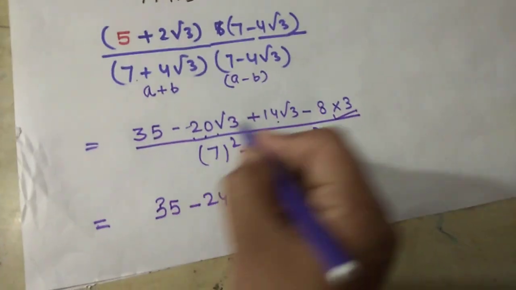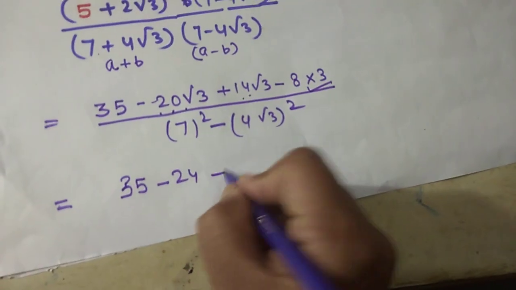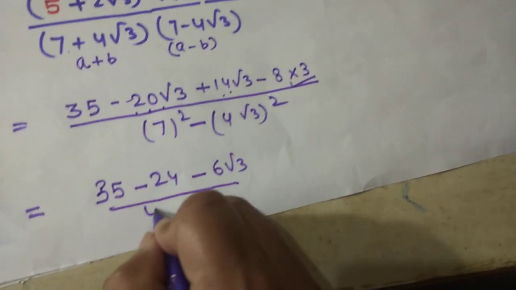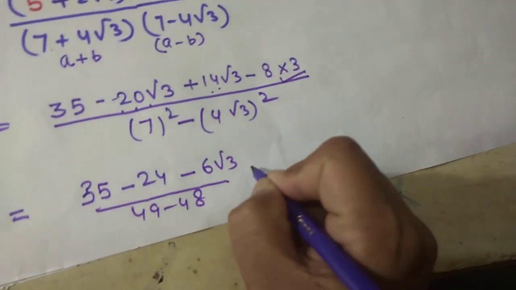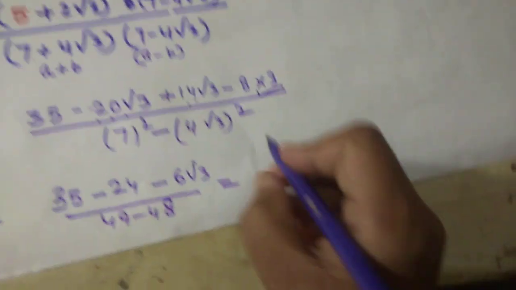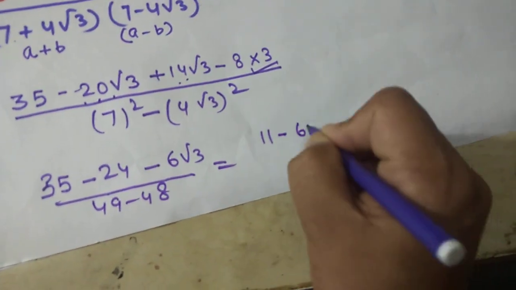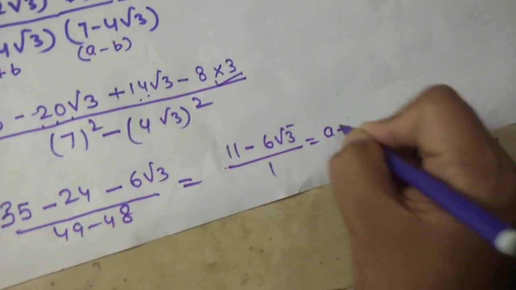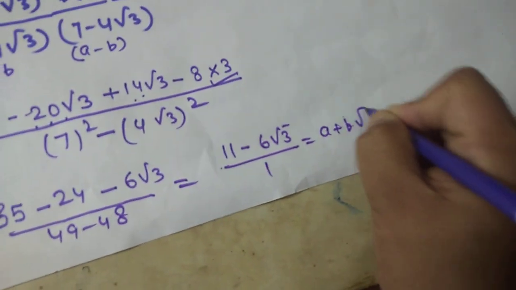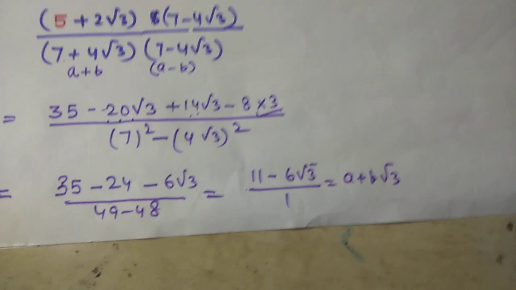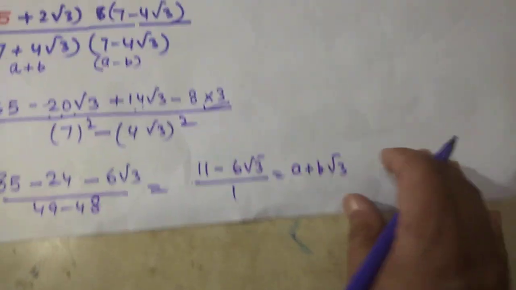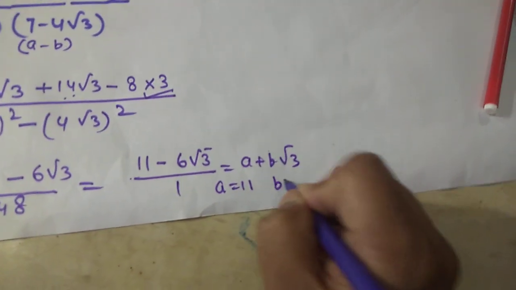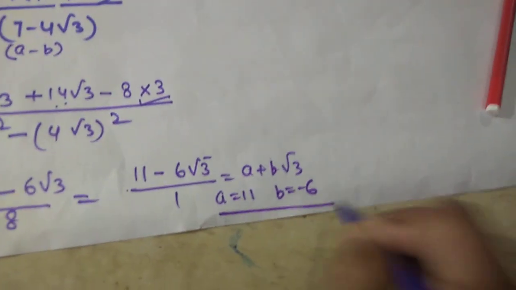So minus 20 root 3 and plus 14 root 3 will be minus 6 root 3 divided by 49 minus 48 is equal to 35 minus 24, 11, minus 6 root 3 divided by 1 is equal to a plus b root 3. With the sign you calculate the value of a and b. So we can say a is equal to 11, b is equal to minus 6.